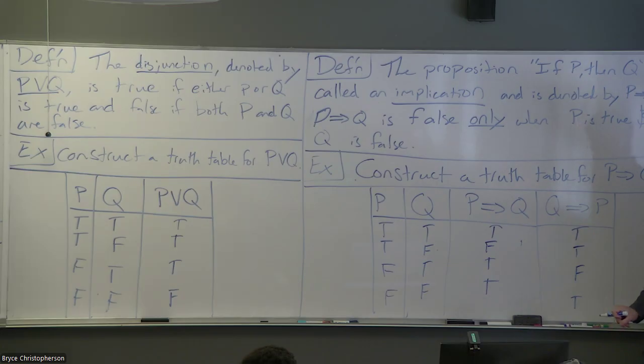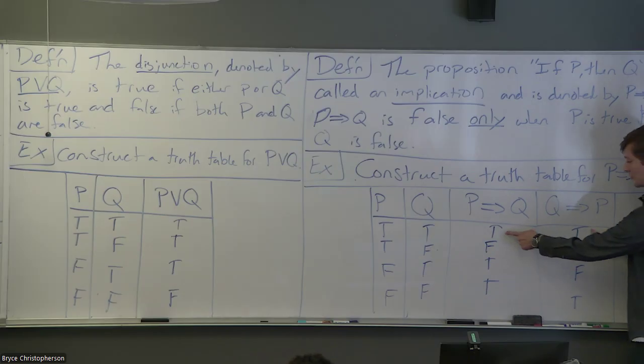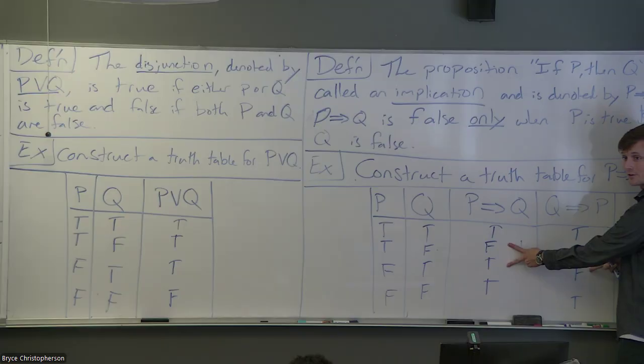Yeah? So what if you did and? If you took this one and this one, it's only true when both are true. That's in the first row and the last row, and in either of these two rows, at least one of them is false.